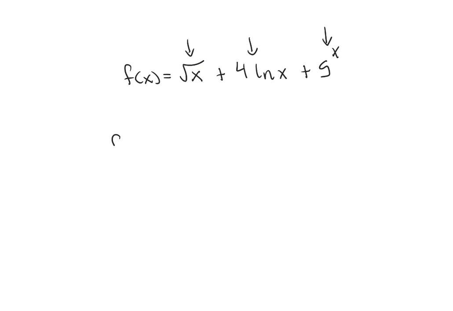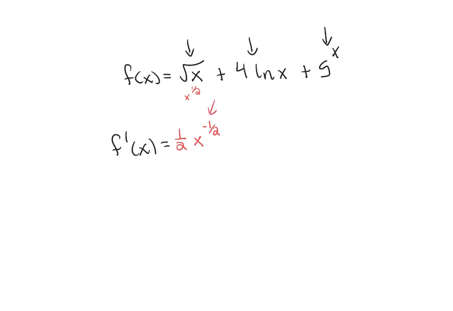Okay, last example for the notes. f of x equals the square root of x plus 4 times the natural log of x plus 5 to the power of x. We'll look at each term separately to find the derivative of f. Remember, the square root of x is the same as x to the power of 1/2. So this would be 1/2 out in front, x to the power of negative 1/2, which I'll simplify before we're done.